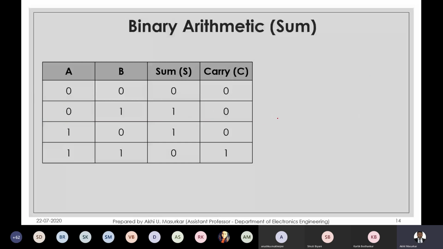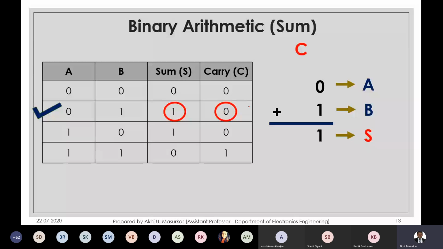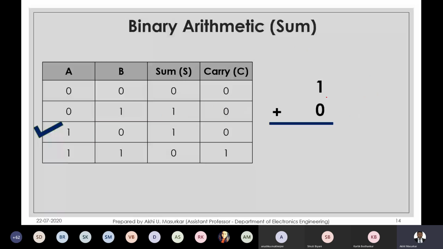That is why again carry is 0. In the third case, again if you add 1 and 0, what you are going to get is the number 1, which is your sum, and again you don't get anything which is greater than 1. So again carry is 0.